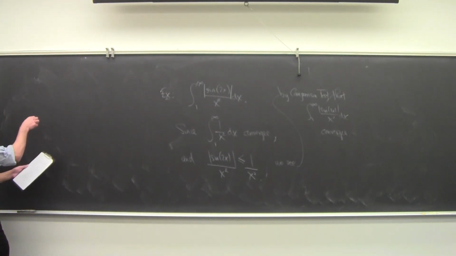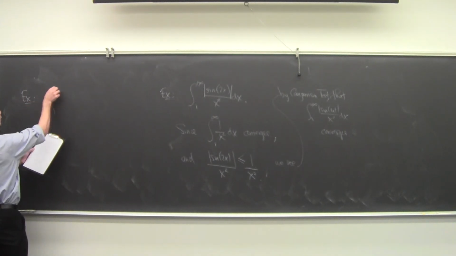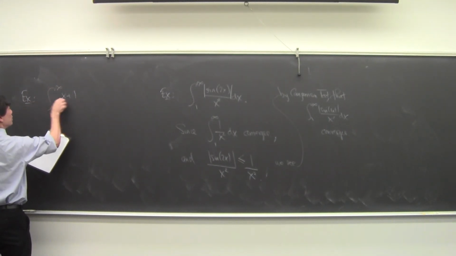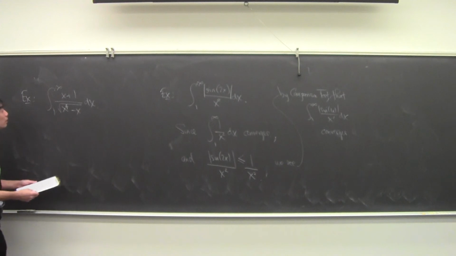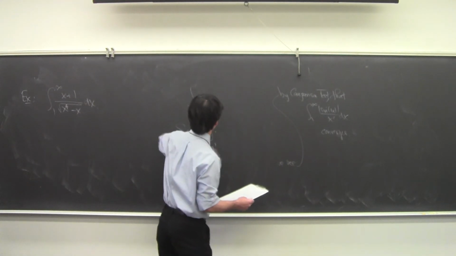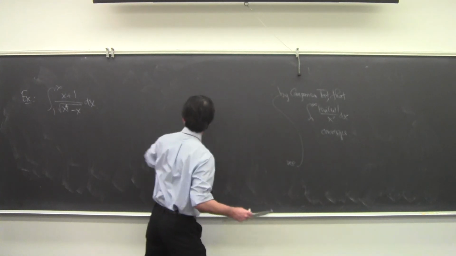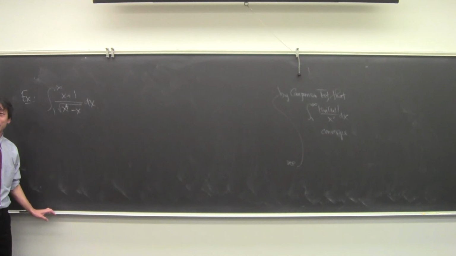Let me, in the last minute, do one more example for you. The integral from 1 to infinity of x plus 1 over the square root of x to the 4th minus x. Does anyone have a feel for this one? What do you think is going to happen?